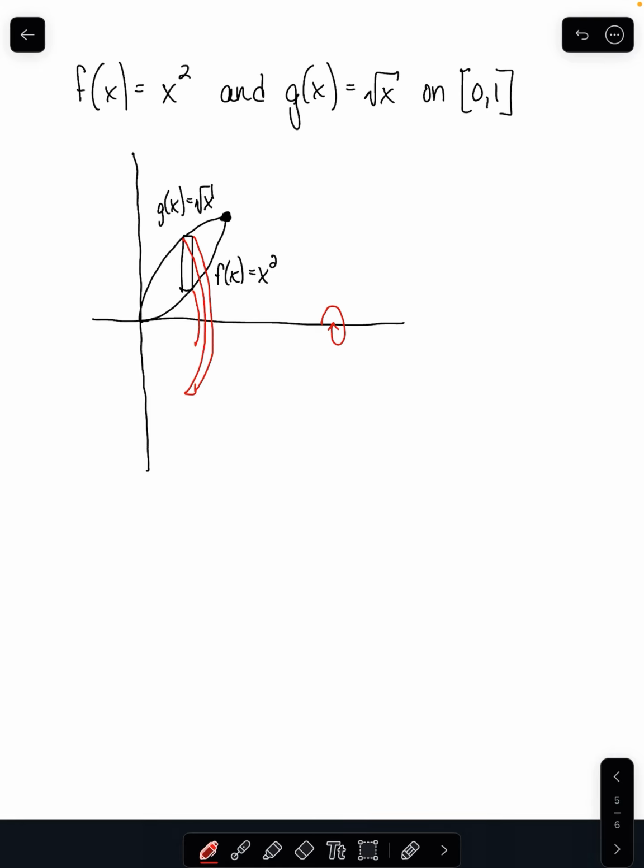It would be a disk that would have a hole in the middle of it. If you'll forgive the fact that I'm not an artist. This washer is essentially one big disk with a smaller disk taken out of the center of it.